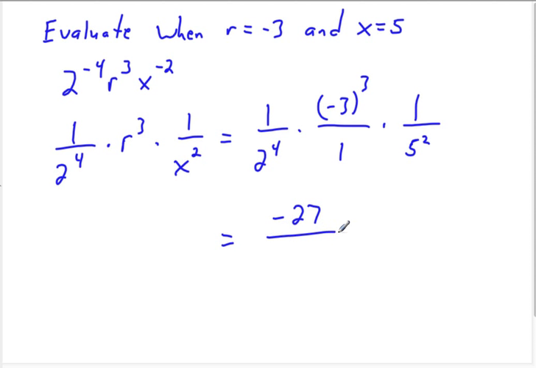The bottom is going to be 2, 4, 8, 16 times 25, which I'm not sure what that is, but I could do 25 times 2 is 50, times 2 is 100, times 2 is 200, times 2 is 400. And so that is the answer. All right. Thanks for watching.